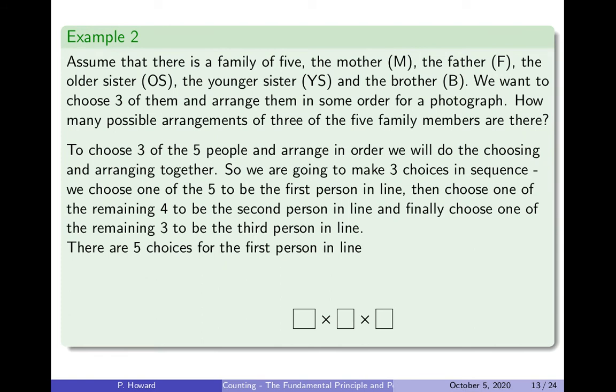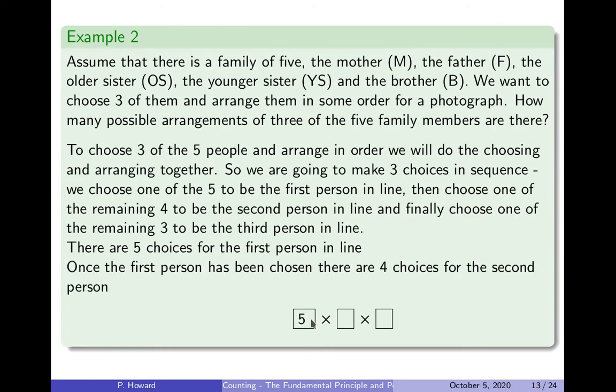There are 5 choices for the first person in line. Once the first person has been chosen, there are 4 choices for the second person in line. And then once the first 2 people in line have been chosen, there will be 3 choices left for the third person in line. So 5 times 4 times 3 is the number of ways of choosing 3 of the 5 family members and arranging in order for a picture. That's 60 when you multiply.